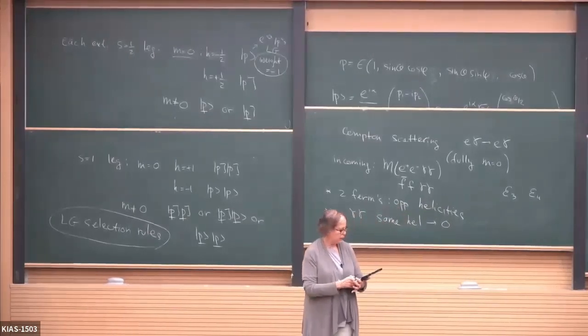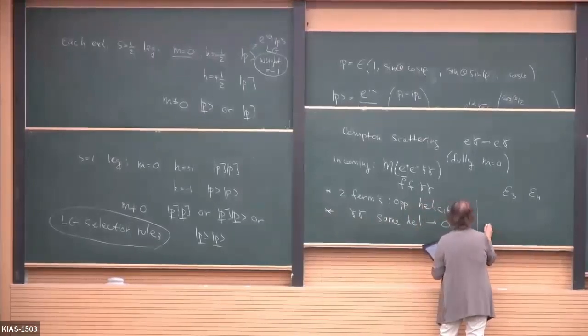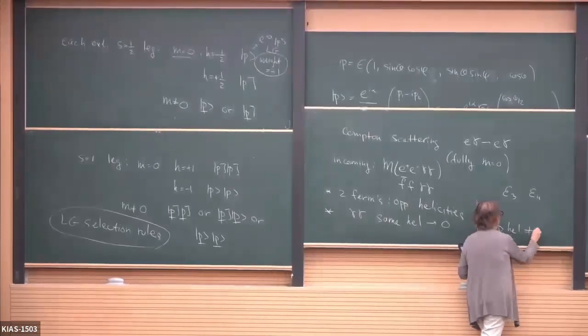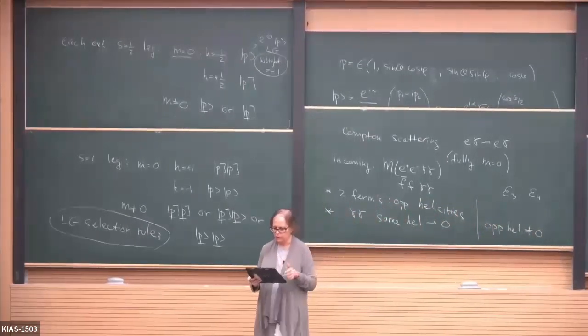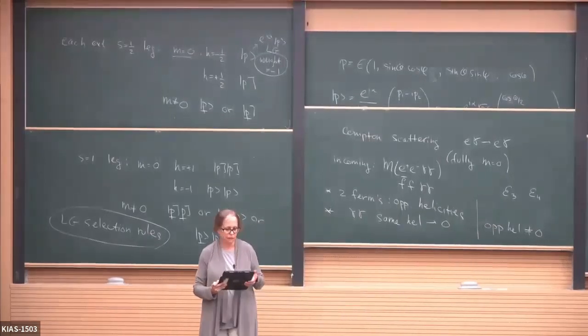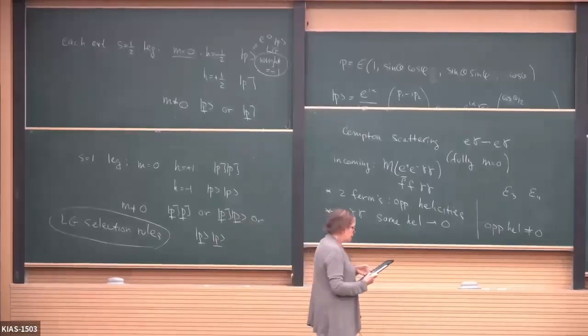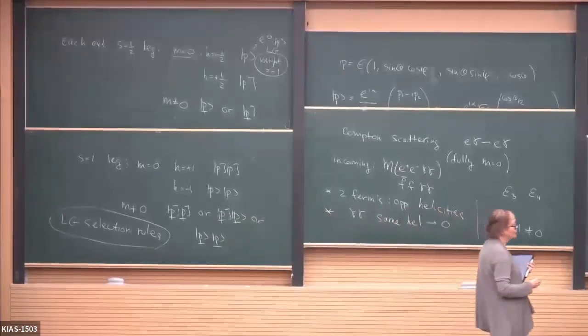And then you can also see what happens when the 2 photons have opposite helicities. Then we get something non-zero, and it's a very simple expression. So you should just go through what I have in the notes here. And we'll see whether we go over this today or tomorrow in the afternoon discussion. So this is just meant to be some practice for how to work with these things.